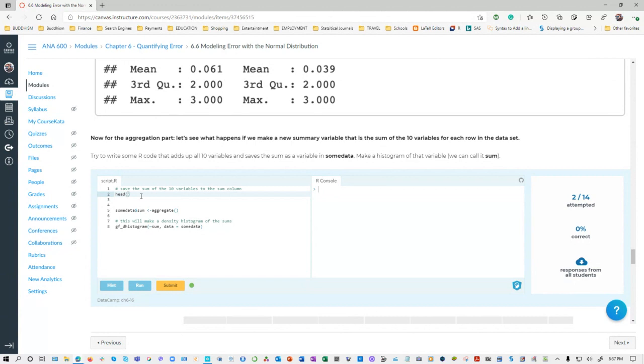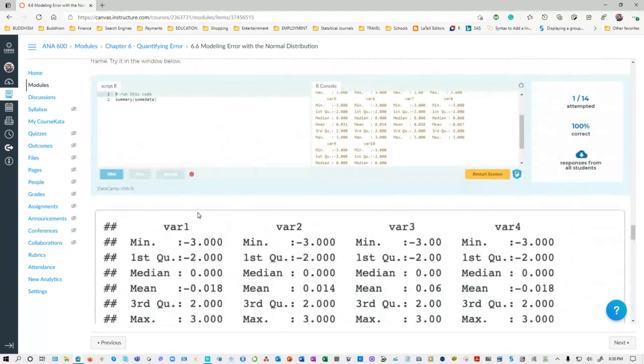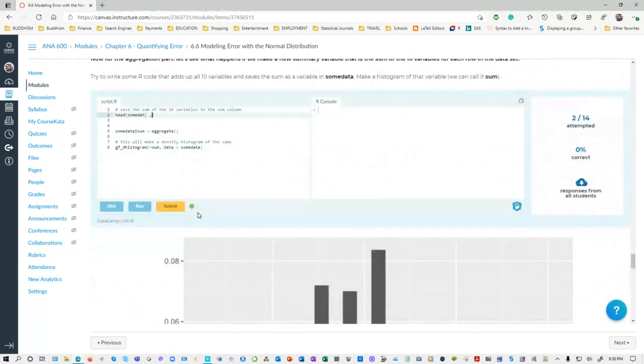Let's say some data and record row wise, because this is gonna be done row wise within that data set. This data set we have data 1, data 2.